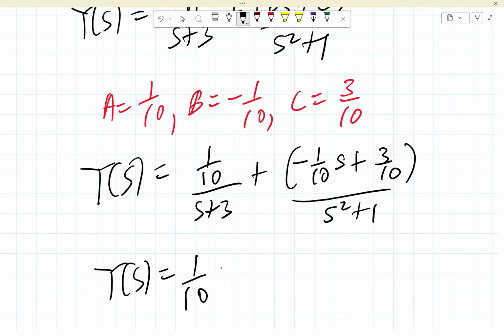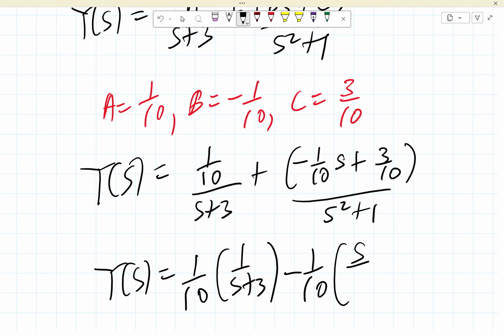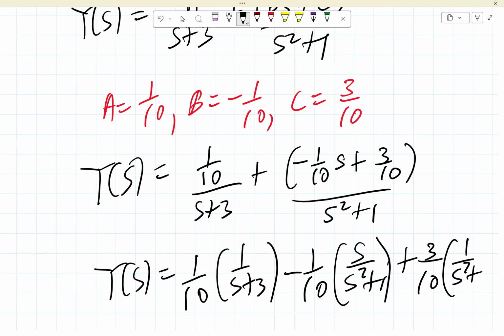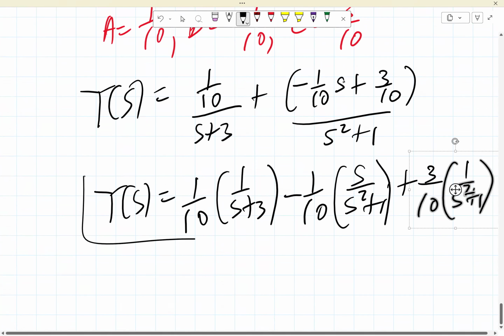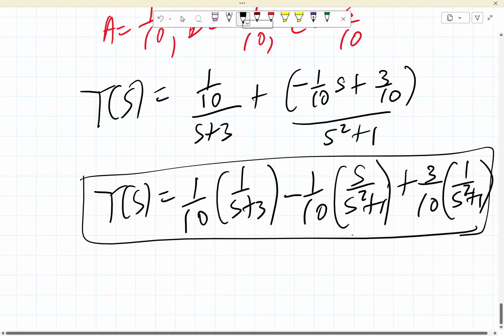So we have 1 over 10 into 1 over s plus 3, then plus, if we split this apart, we can then still have minus 1 over 10 into s over s squared plus 1 on that side, then the other one plus 3 over 10 into 1 over s squared plus 1. So we have this. So now we finally have y of s like that.